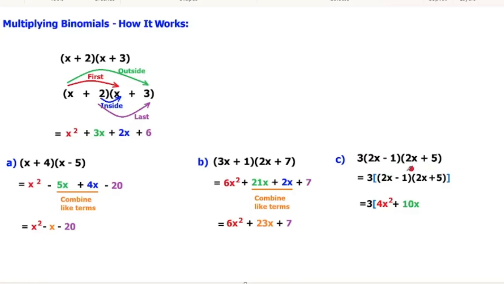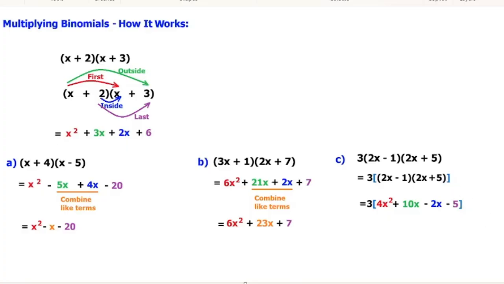This times this is going to be 10x. Then we're going to multiply our inside. Negative 1 times 2x is going to be negative 2x. And then we do our last term, which is minus 1 times 5, which is going to be minus 5. Okay? And we close our bracket.